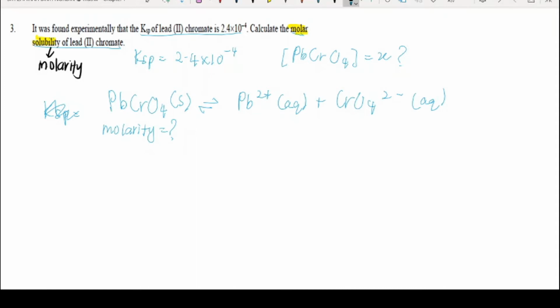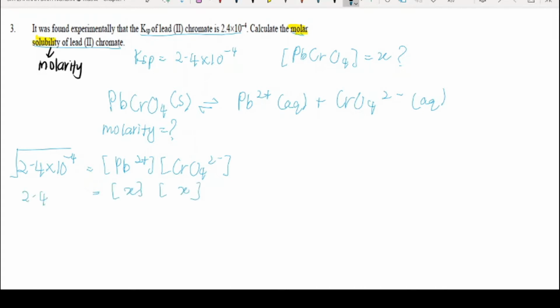You are given the KSP. So we know that KSP is equal to Pb2+ times CrO4 2 minus. We don't know the molarity for both of the products, but we can find it by just square rooting the KSP.